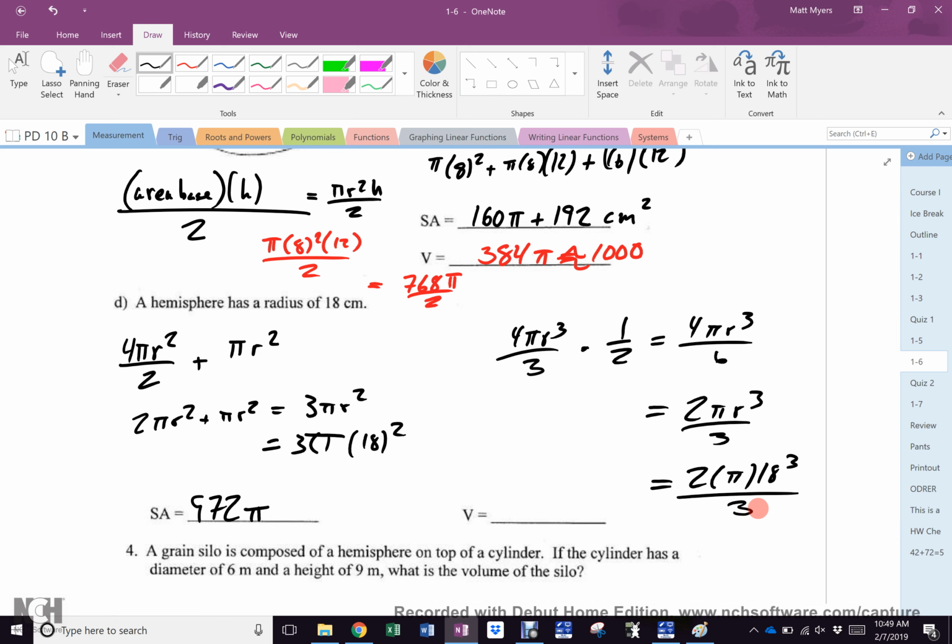But it is somewhere in the neighborhood of 324 times 18, which is about 300, times 20, which is about 6,000, times 2, which is about 12,000. So it's about 4,000 pi. What? 3,888 pi, which is about 12,000 regular centimeters cubed.